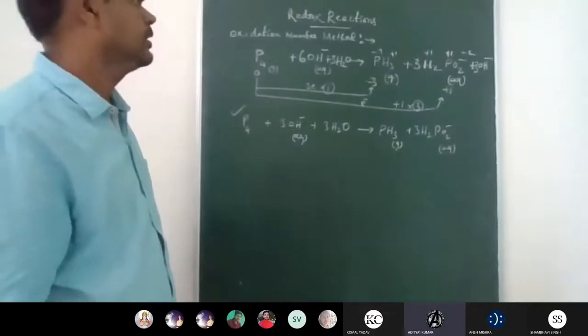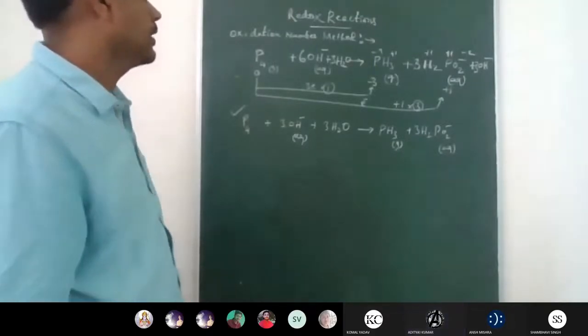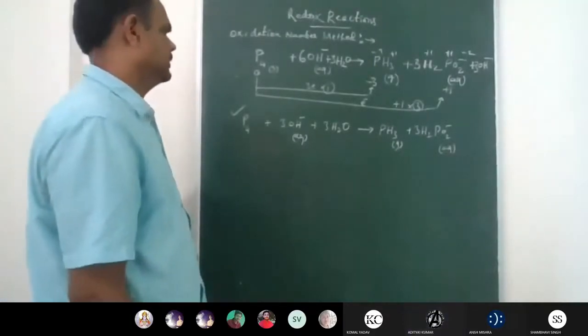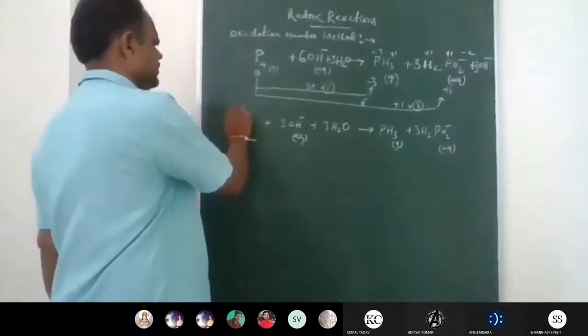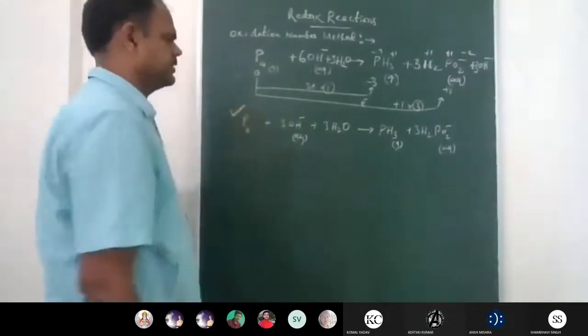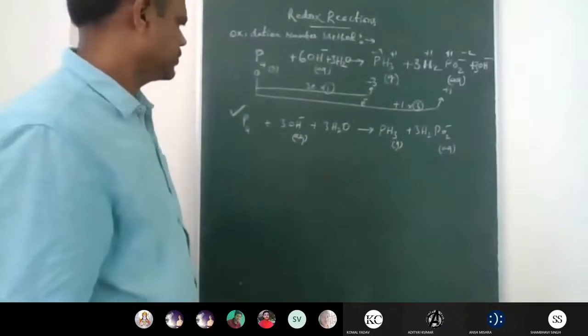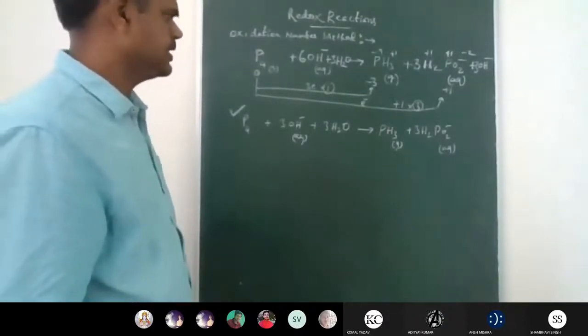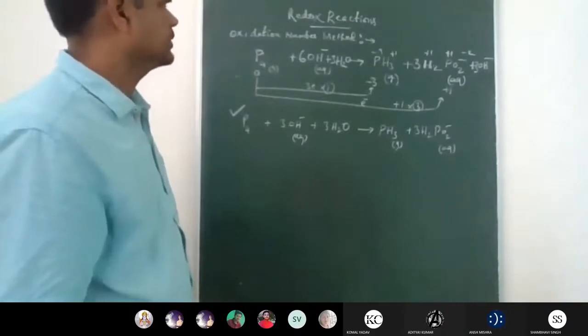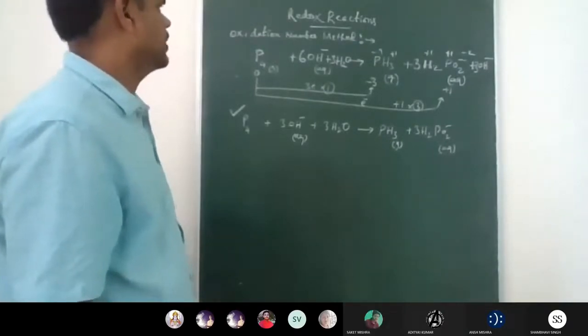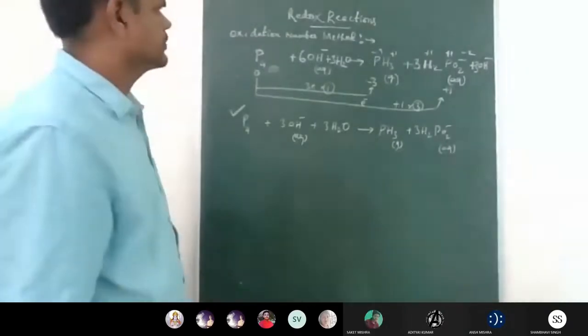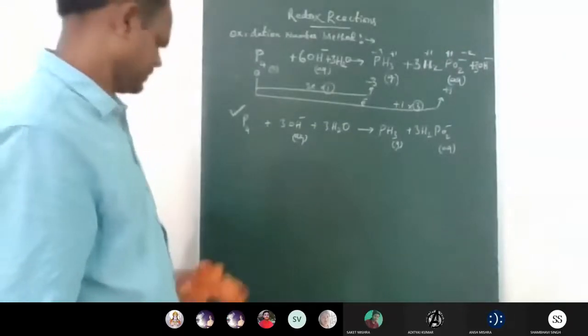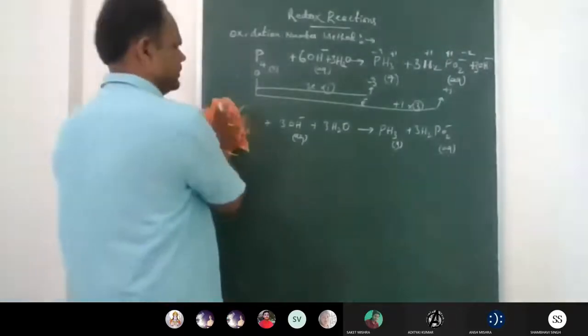This is how phosphorus reacts with sodium hydroxide or potassium hydroxide to produce phosphine. This is the oxidation number method we use for balancing.